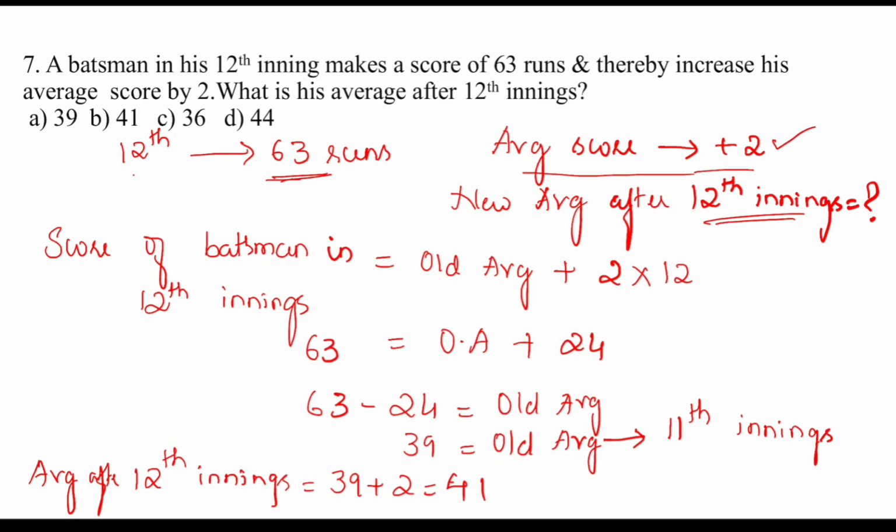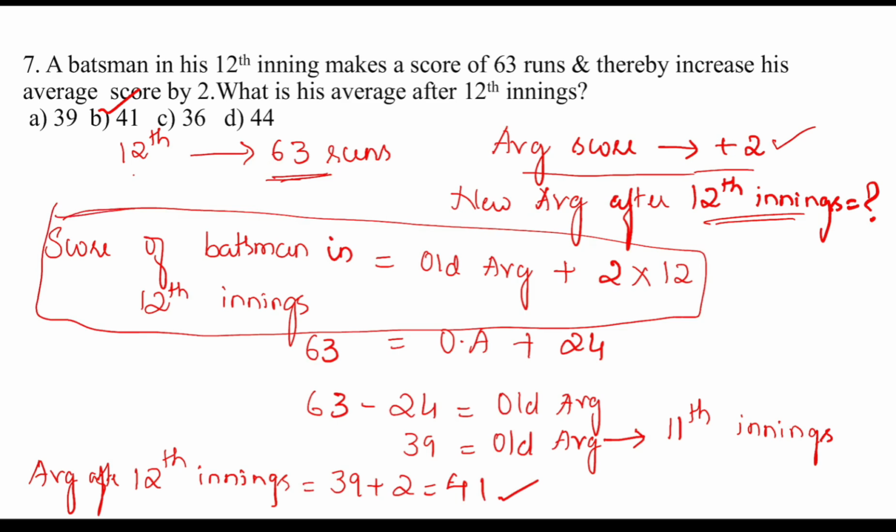So 41 is his average after the 12th inning. Option B is the answer. With this simple formula, you can solve all the problems within a few seconds. So let us go to the next part.